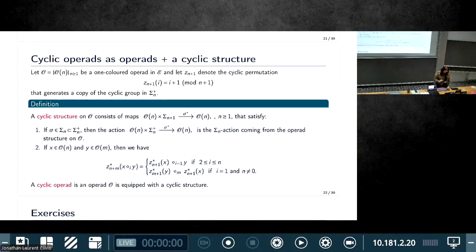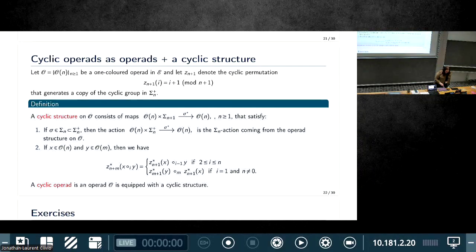To simplify considerably, you just go to classical one-colored operads in my base category E. I'm going to write Z_{n+1} for the cyclic permutation that basically generates the cyclic action in this extended symmetric group. So now I'm just giving my rotation of my labels.